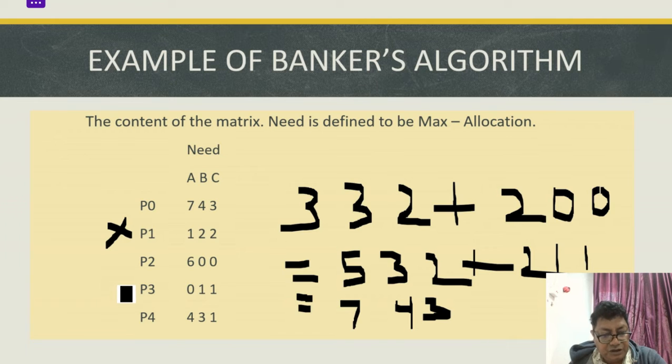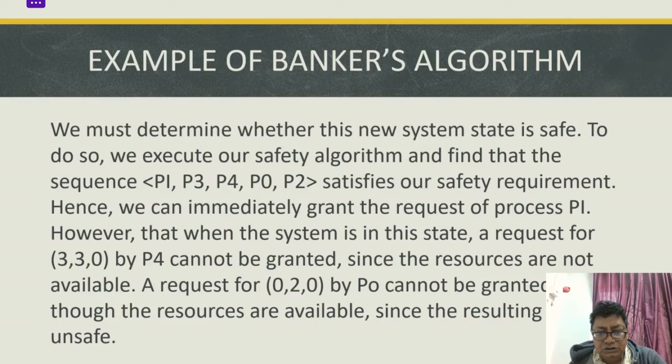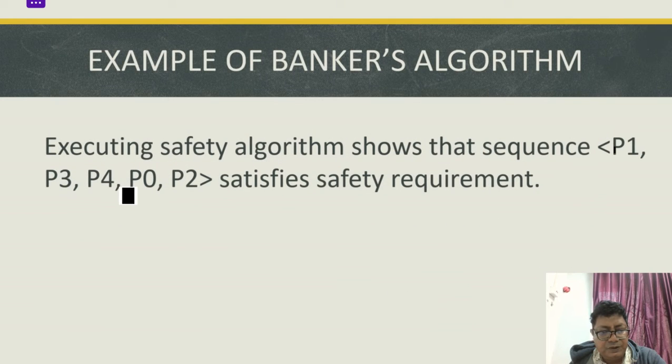Now P3 is terminated. Now 743 can easily satisfy the P4. So P4 can be satisfied. So we check whether the next step in the sequence is P4 or not. Yes, it is P4. Clear?